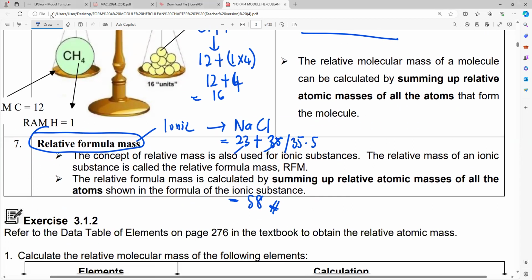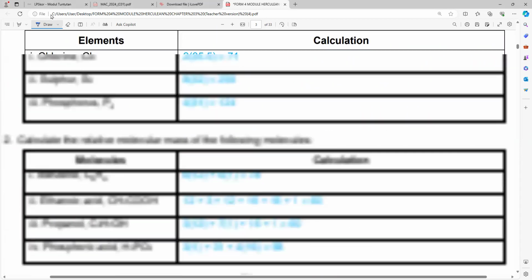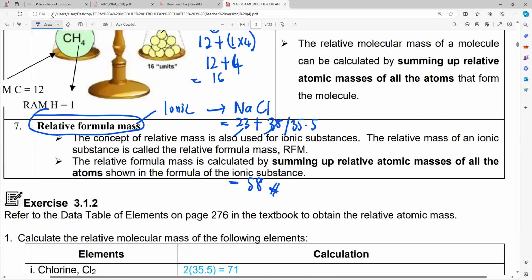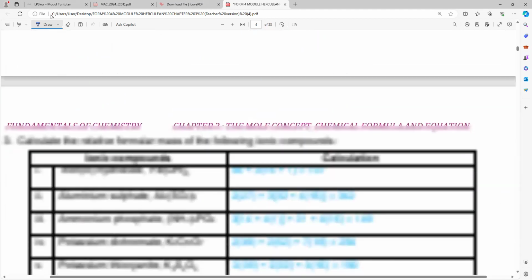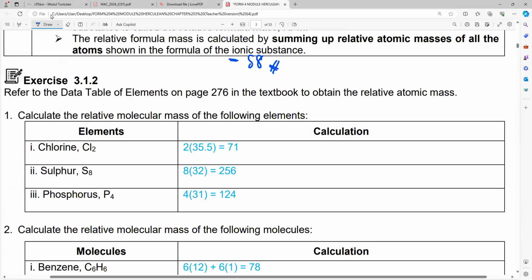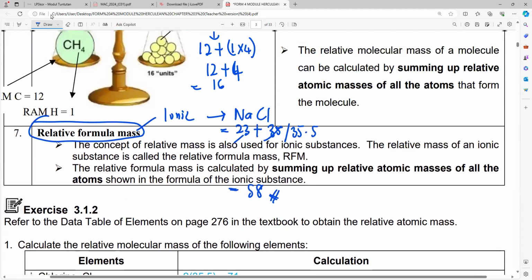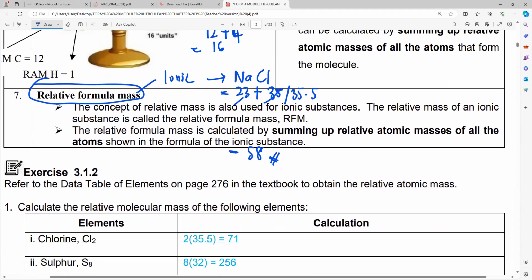Since you're all very smart, look at the table there. Teacher gives you number 1, number 2, number 3, but maybe I don't have to do everything for today's class. Do chlorine and sulfur.